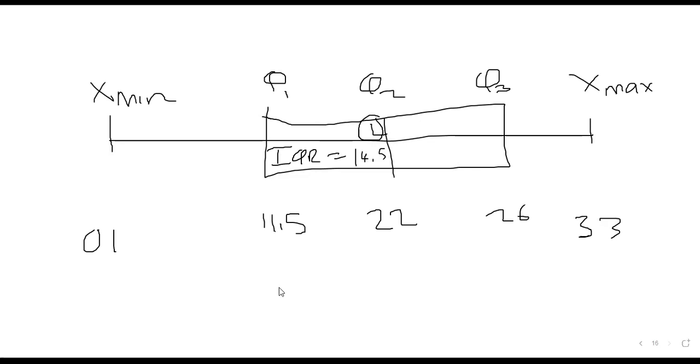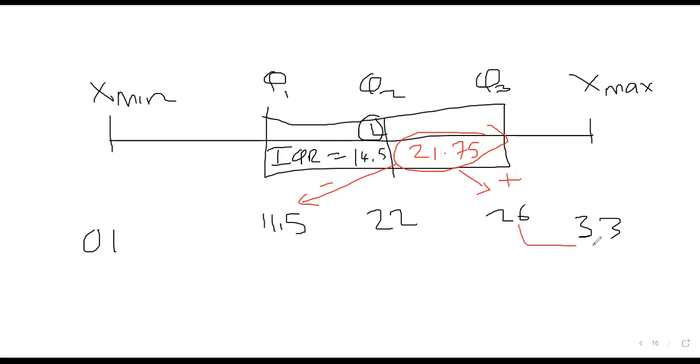So when we multiply it by 1.5, we're going to get what? 21.75. Then what do we do to 21.75? Subtract from the lower quartile and add to the upper quartile. What is the purpose of this? In order to find outliers, to identify whether there exists an outlier.